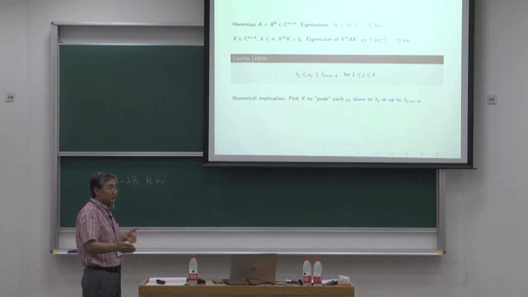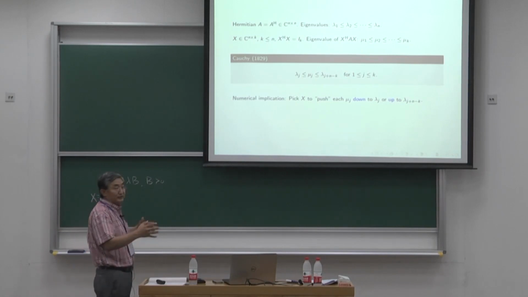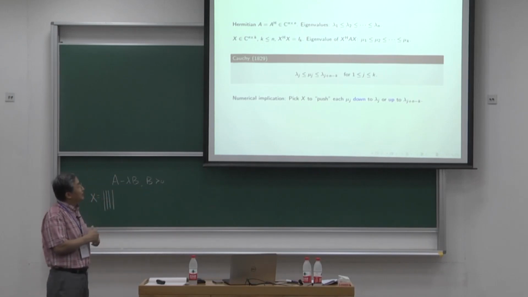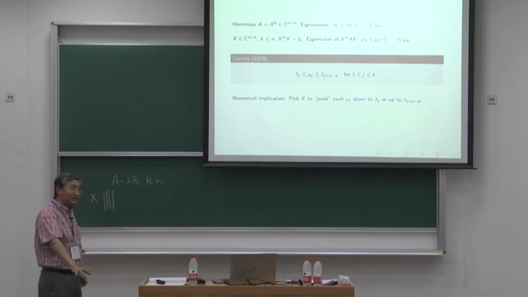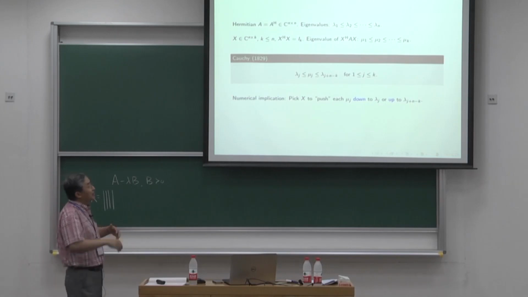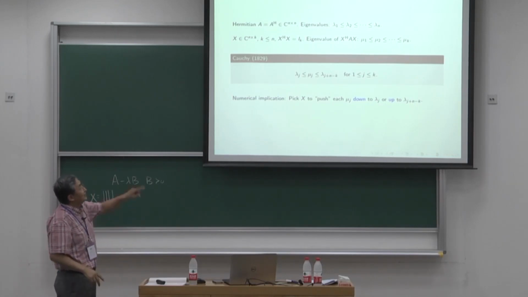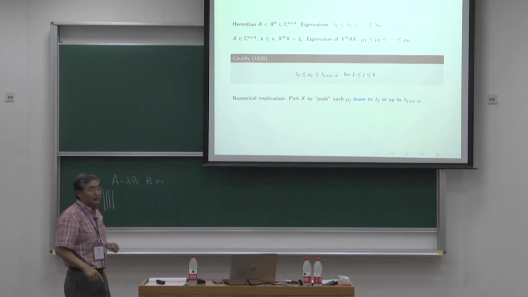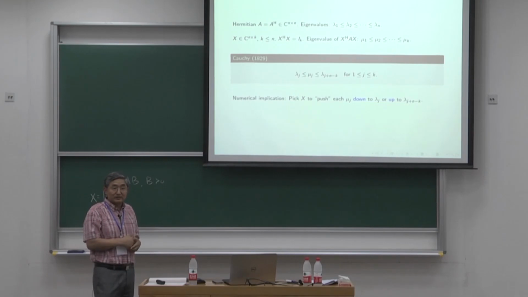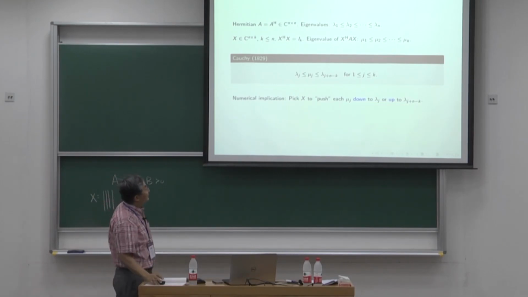So which way is it close to, and how do you make it close to one or the other? You can always pick X to somehow push mu_i down. You can think of mu_i as a ceiling with a floor. You can push it down, and how far can you push it down? To lambda_i. That's when you're going to compute one of the eigenvalues. Then of course you can push it up as well.